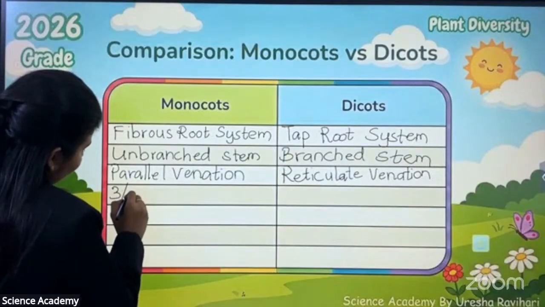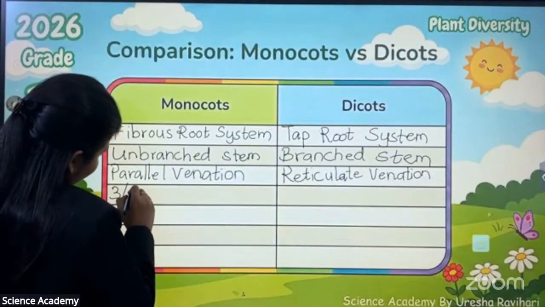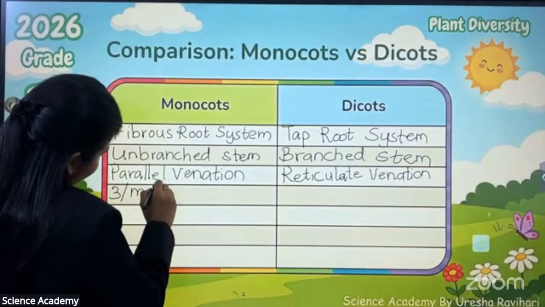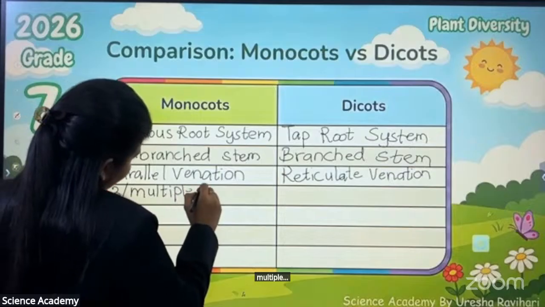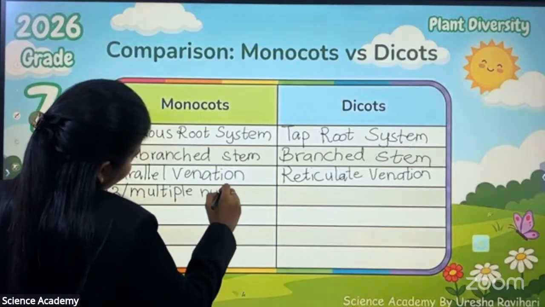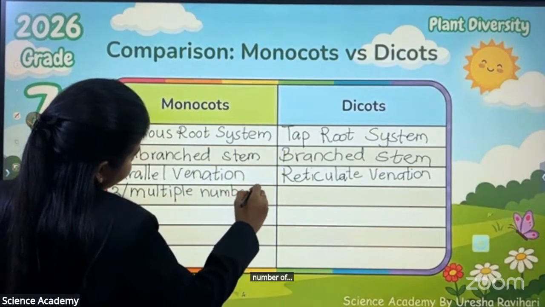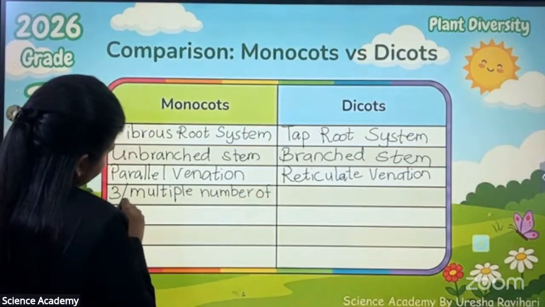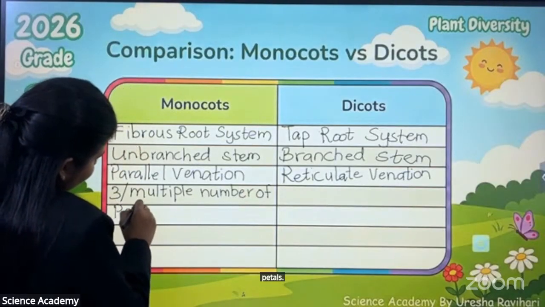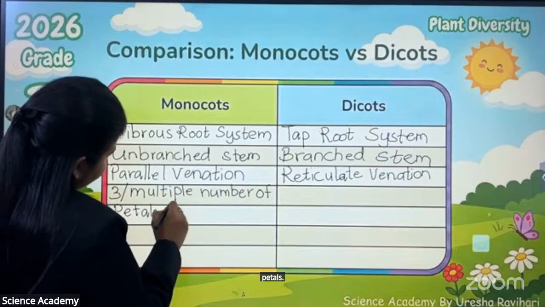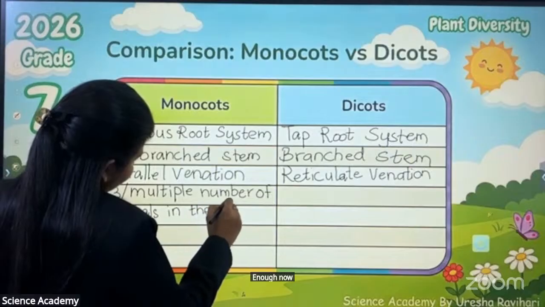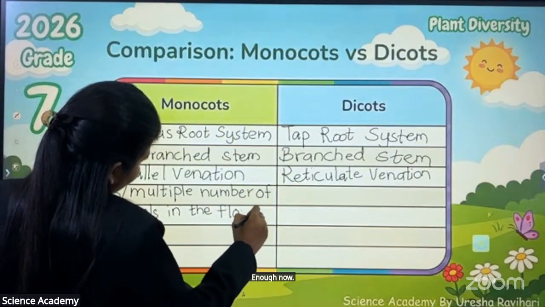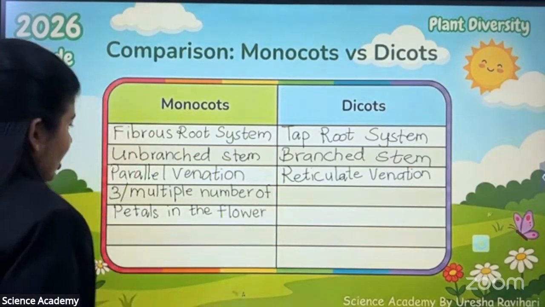Three, or multiple number of petals in the flower. Right?